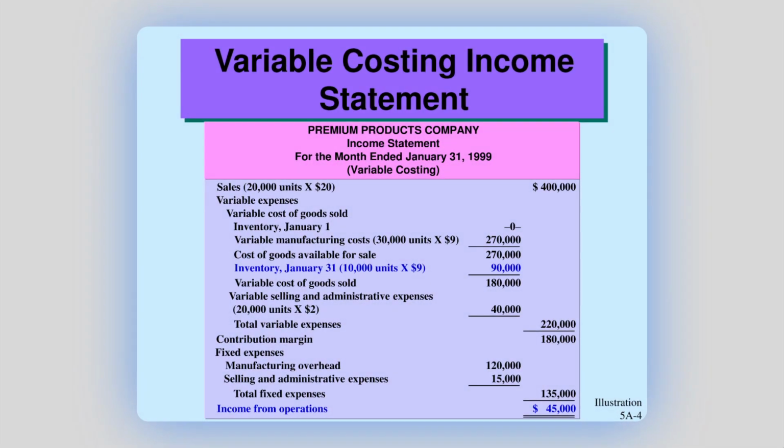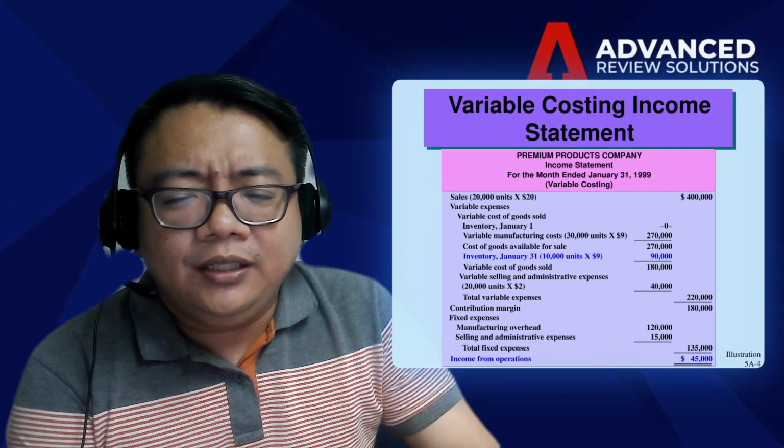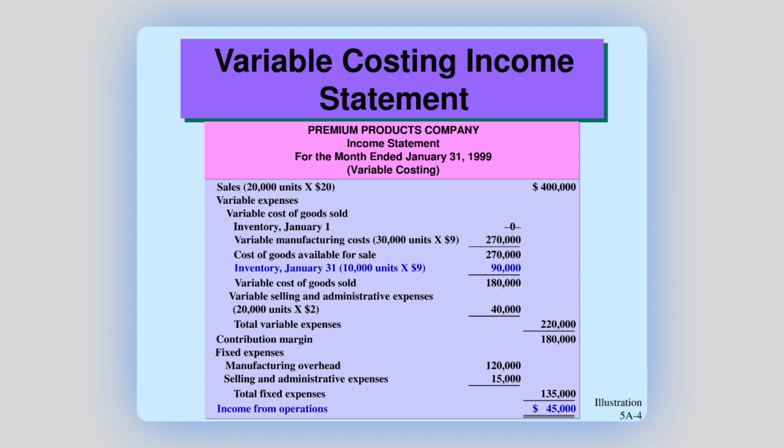Okay, how about the variable costing? Sales, you have 20,000 times 20. By the way, I have a shortcut here, class, so you don't need the beginning inventory.